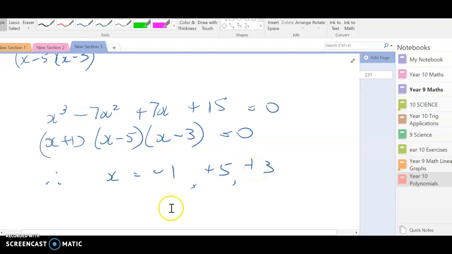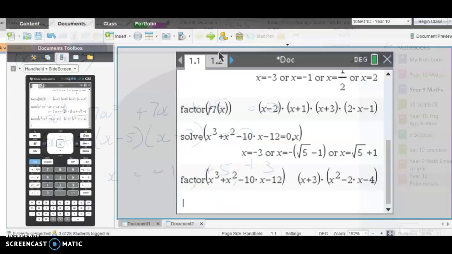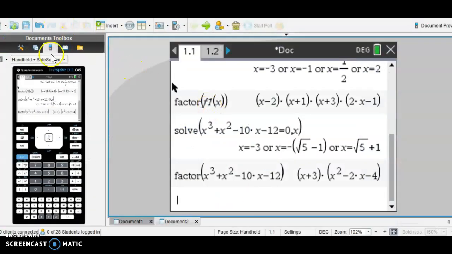Let's just confirm that with our calculator. Say for this year, we don't expect you to use your calculator. So let's get the calculator out. I'll just do that. So we go menu 3, 1 to solve.